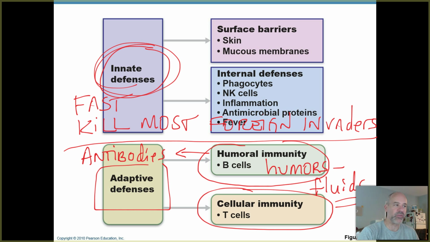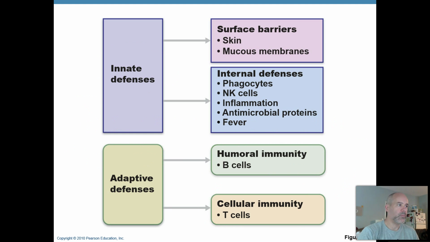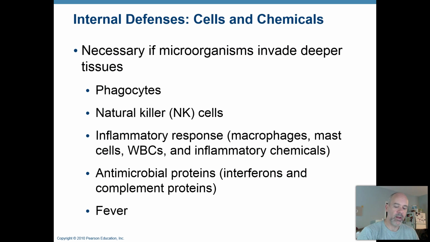They're very, very specific protein weapons. And you heard about those before when we were talking about blood typing. We even make antibodies that will attach to the wrong types of red blood cells that might get transfused into our bodies.